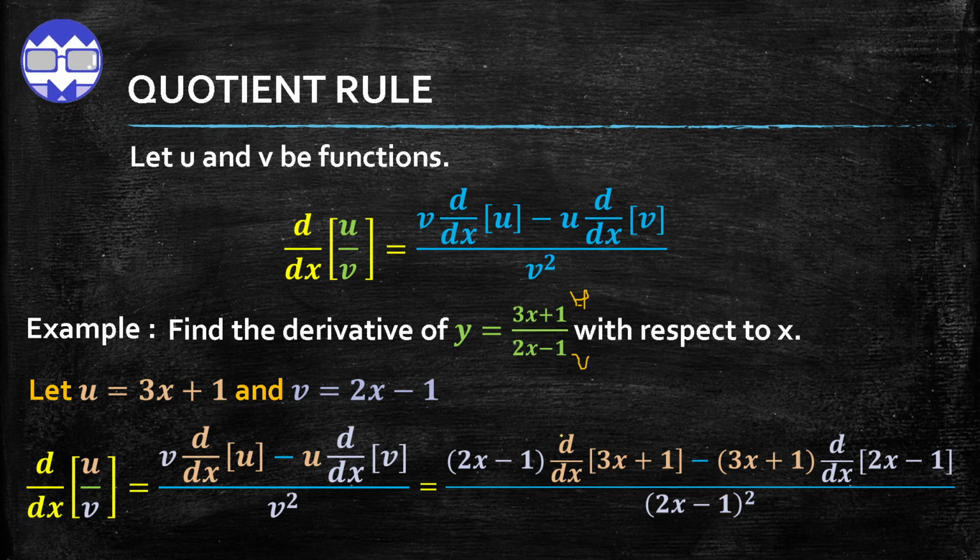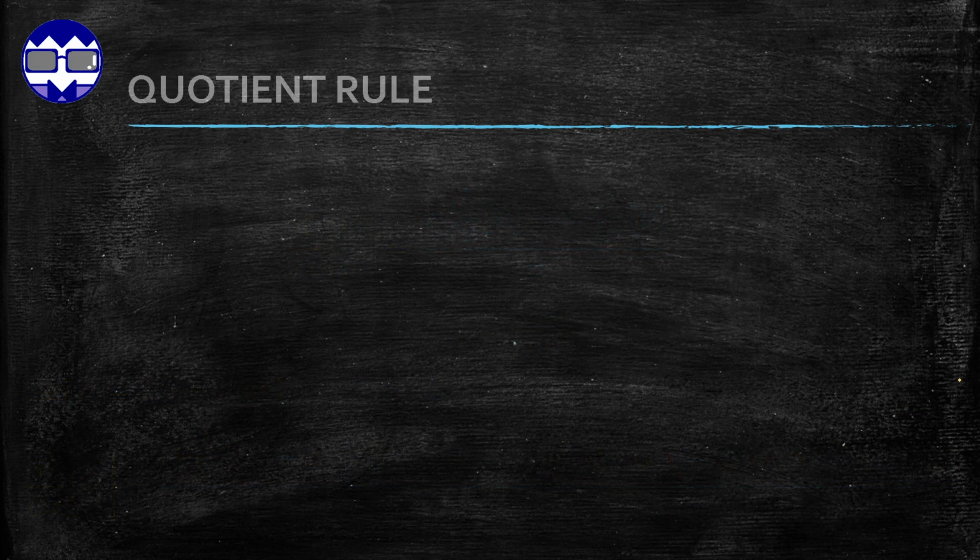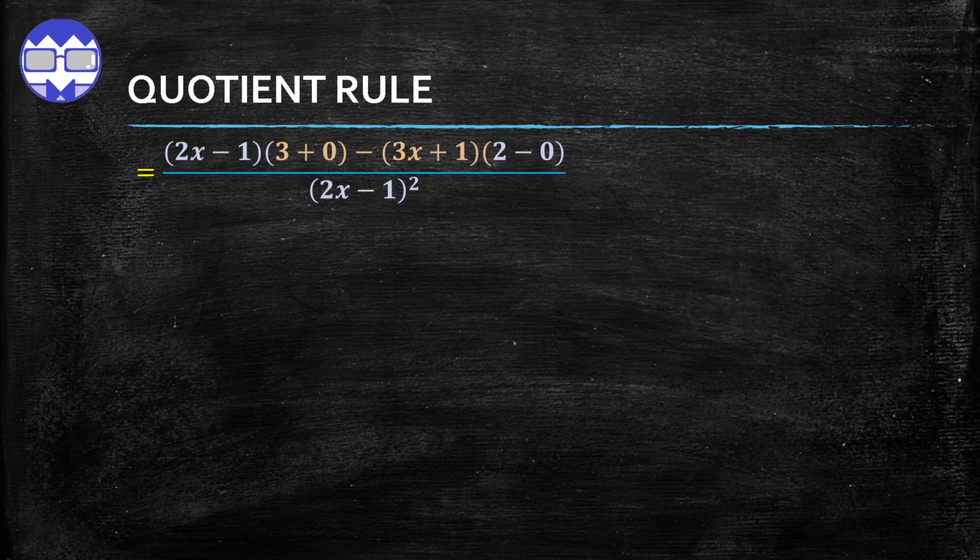Okay, so we can now get the derivative of this first. What will be the derivative of this? Derivative of 3x plus 1 is just 3 because it's 3 plus 0. And for 2x minus 1 is just 2. So we will have something like this.